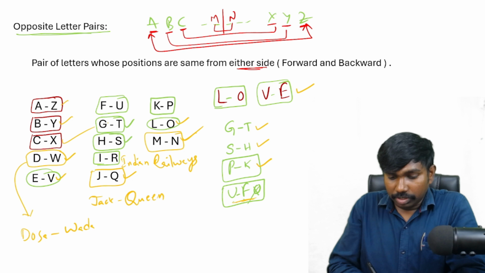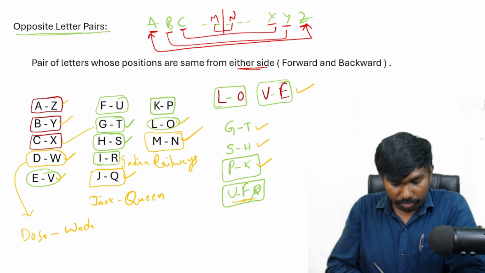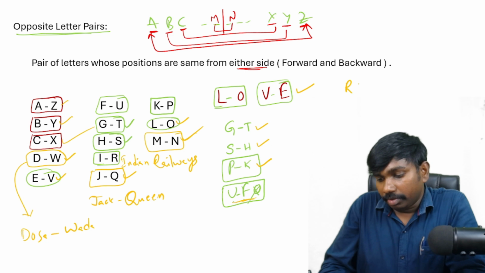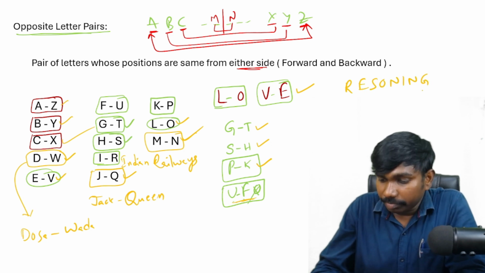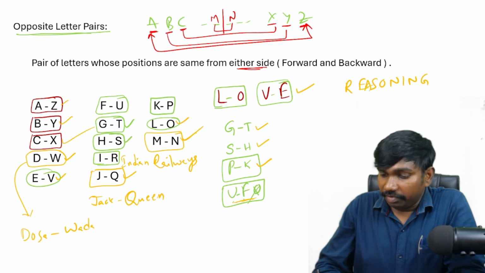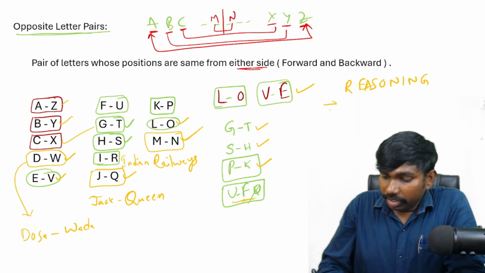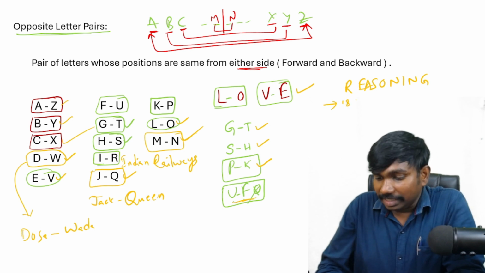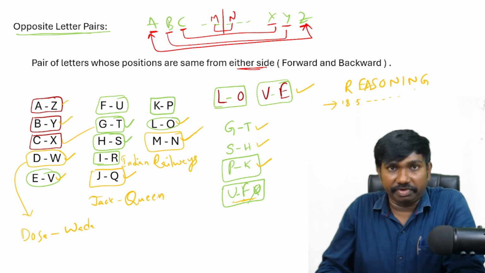Okay, so you have to do one more thing here. I'm adding one more word, that is reasoning. We have already taken this word reasoning. Do one thing. For this word reasoning, in the first row, write all the forward letter positions, like R is 18, E is 5, likewise forward positions.